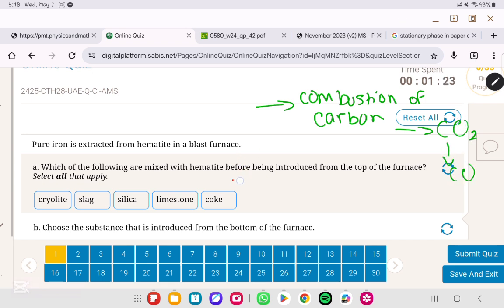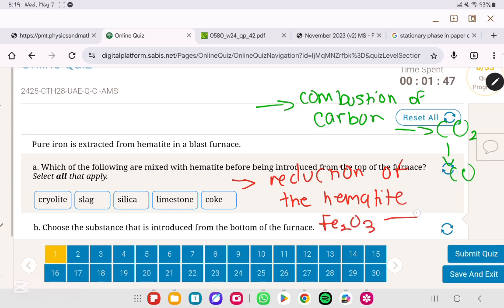Now, the second thing that happens after this is the reduction of the hematite. What does it mean, the reduction of the hematite? That means the hematite, which is Fe2O3, is going to decompose in addition to carbon monoxide, and it's going to form liquid iron.